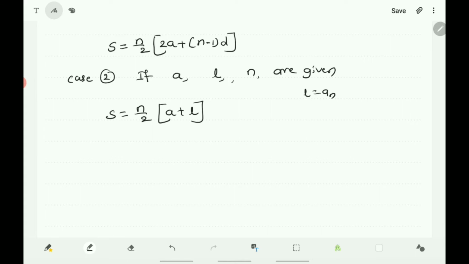And one more formula is there to find the sum of first n natural numbers, or the sum of first n positive integers.